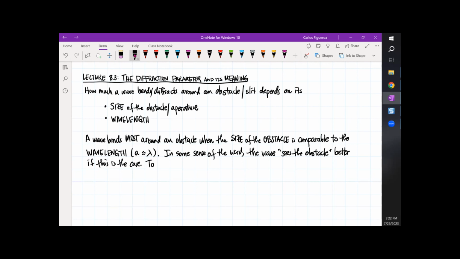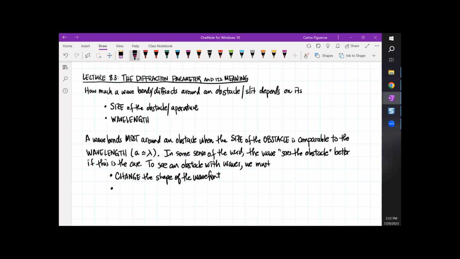So to see an obstacle with waves, we must, one, change the shape of the wavefront. You have to change the wavefront. Otherwise, you can't see if there was anything.